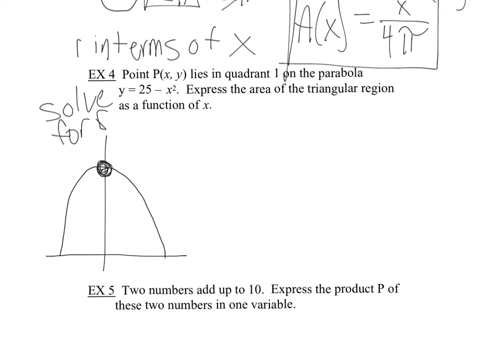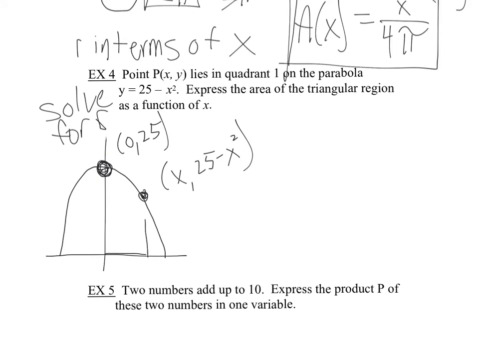Our vertex is right there at the coordinate 0, 25. And we want a point that lies in the first quadrant. Again, we're going to represent that point as x comma y, but x comma 25 minus x squared.